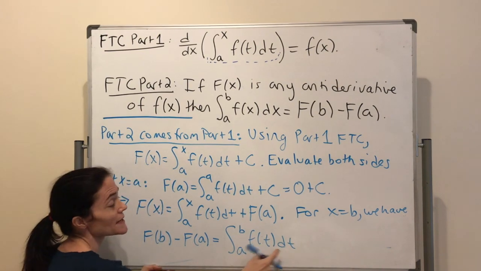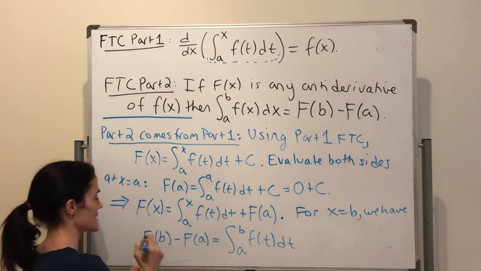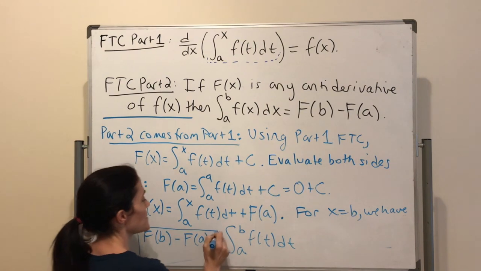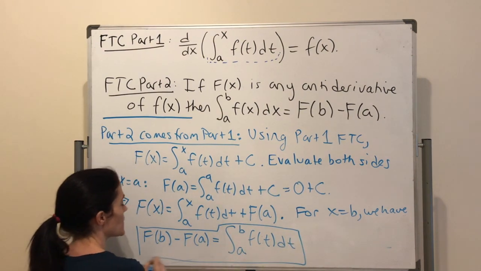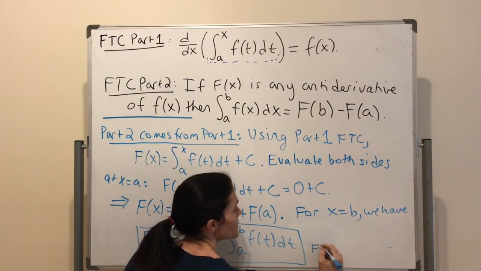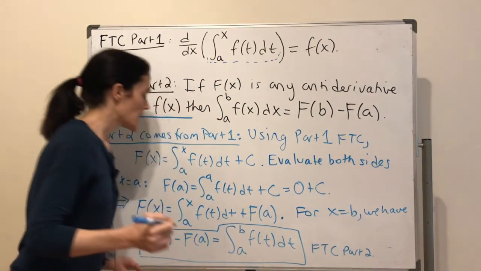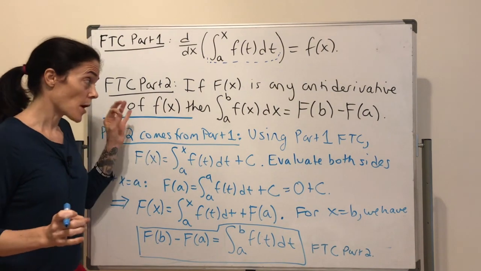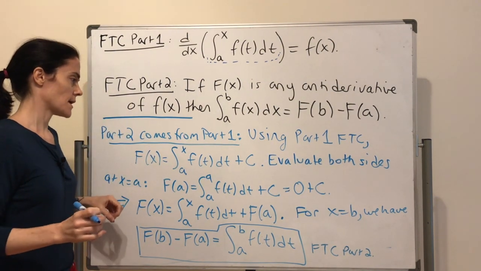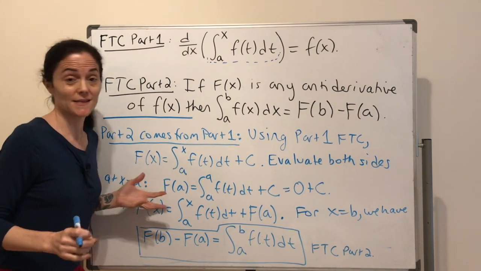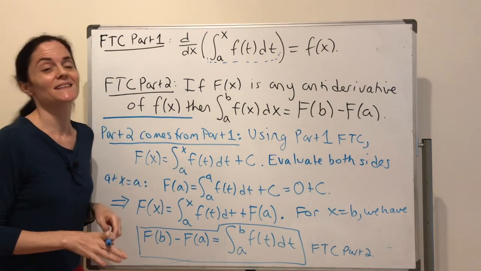I could also write this as an integral of f of x dx, that is fine. But this is the fundamental theorem of calculus, part 2. And so you see it follows directly from part 1 and using some properties of antiderivatives that we have discussed already.